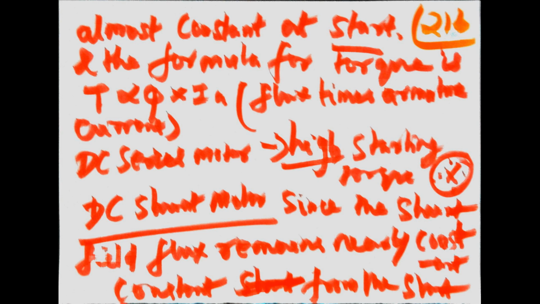DC series motor has high starting torque, that is a very important point. In a DC shunt motor, the shunt field winding is connected in parallel to the armature of the motor, across the plus minus DC supply. The starting torque of a DC shunt motor is low because the flux is almost constant from the start.